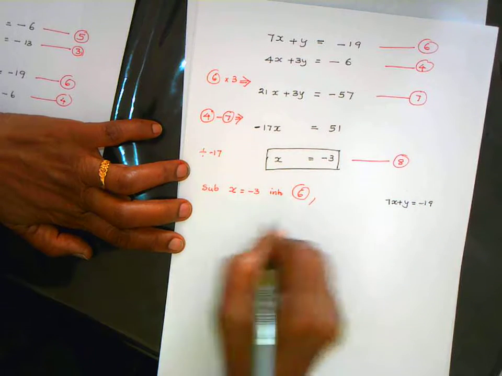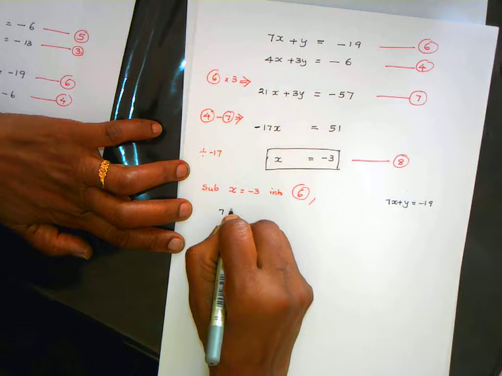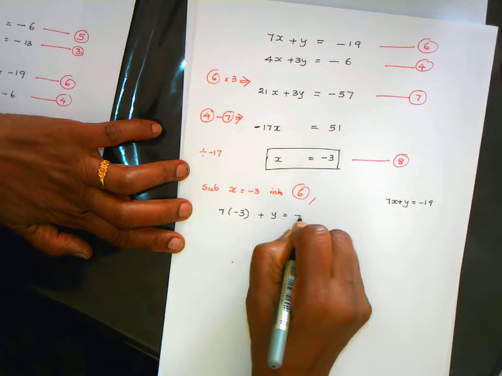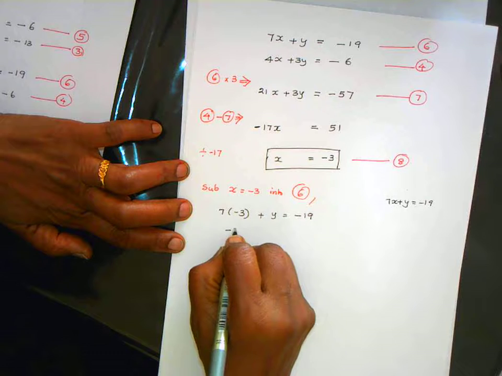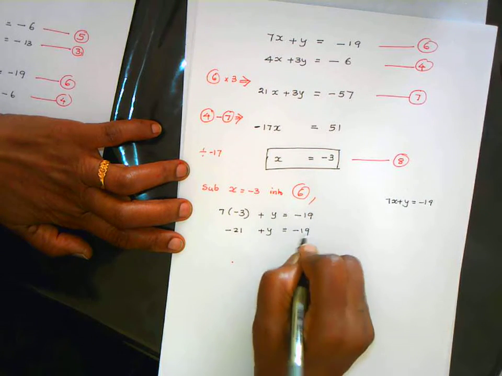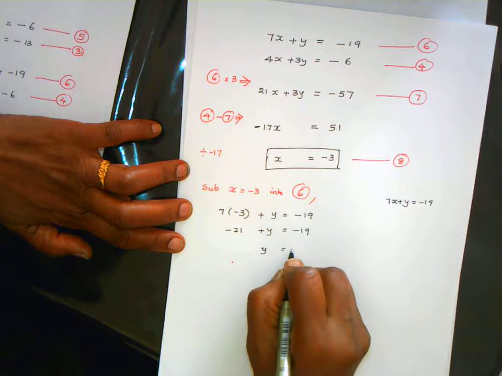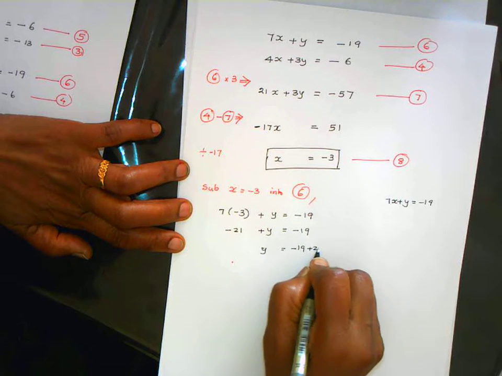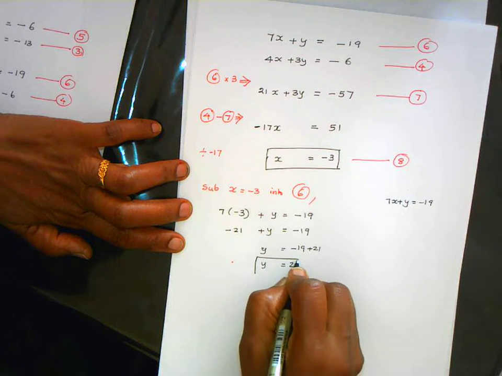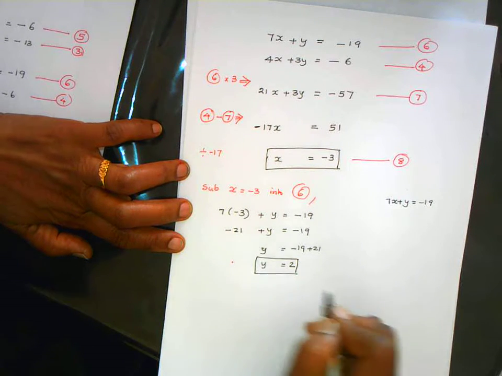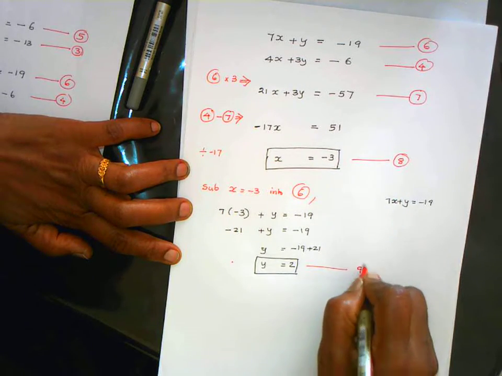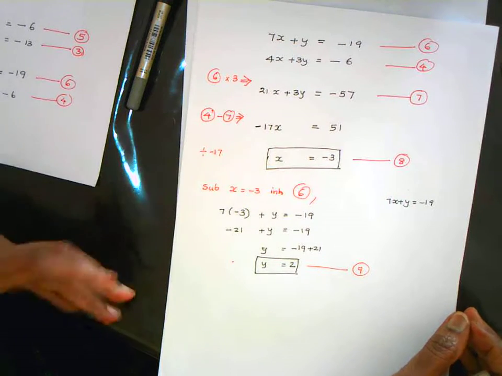So 7 times minus 3 plus y equal to minus 19, or minus 21 plus y equal to minus 19, or y equal to minus 19 plus 21, which is 2. So now we have x and y. I can call this number 9. Okay, we got x and y.